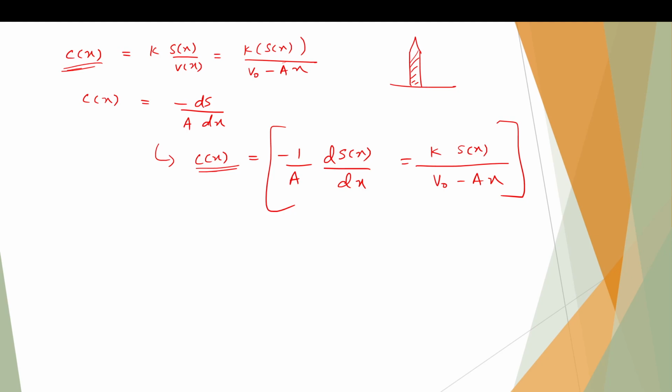So in order to find c of x, we can instead find the number of impurities in the melt, and we can do that by solving this differential equation that we have got by equating c of x from two different equations.